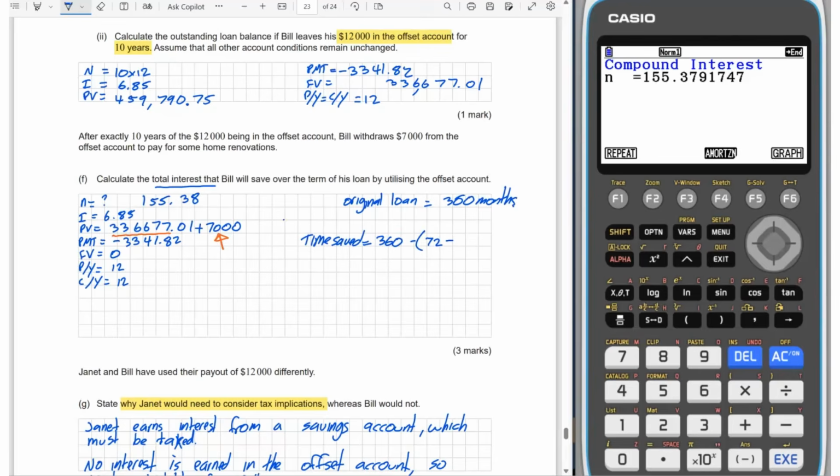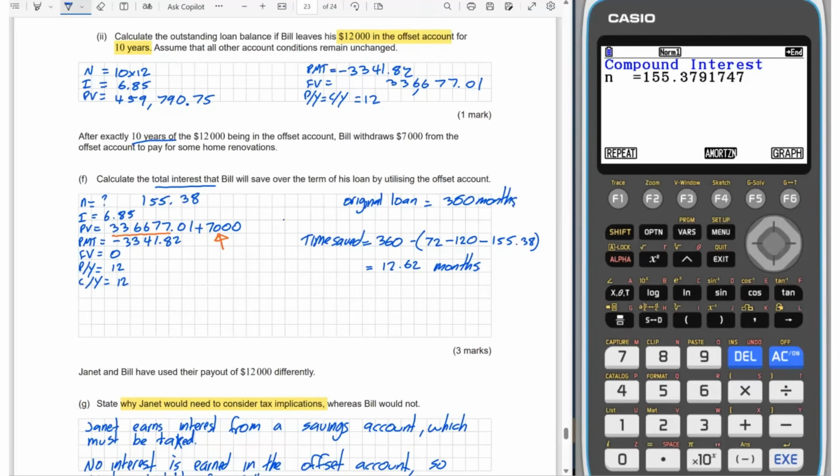Then we minus the next 120 months, which was the 10 years before he withdrew the 7,000. And then we take off the last 155.38 months, which is the remainder of his loan. So I think that ends up being 12.62 months that he saves.